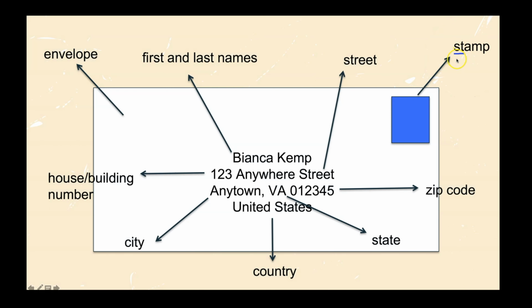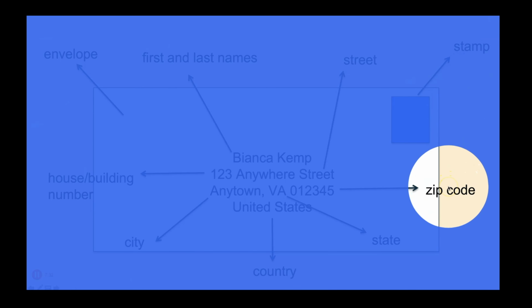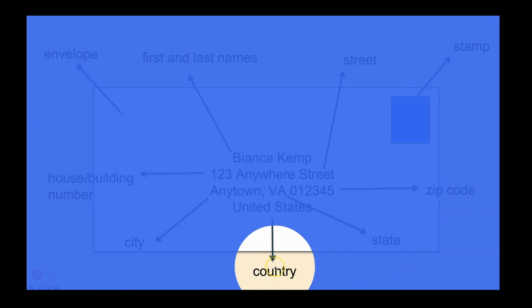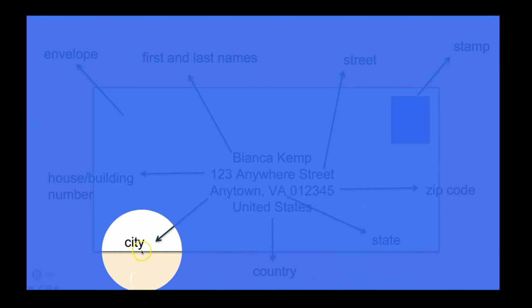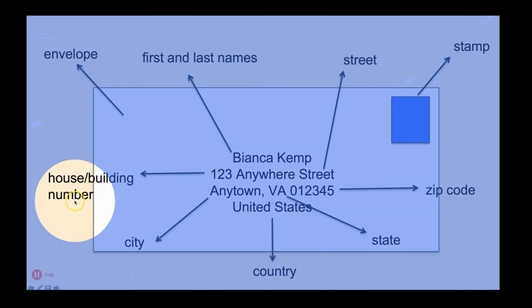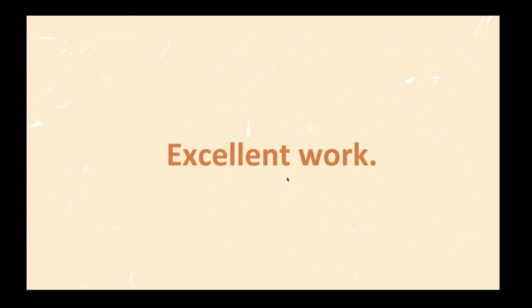ST makes the st sound. We come down here and we have zip code, then state, country, city, and house or building number. And then all of this here is the address. Excellent work.